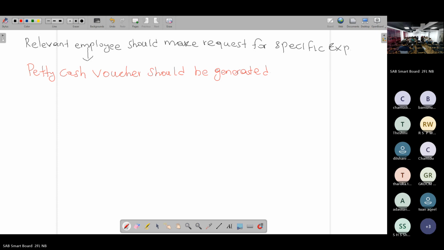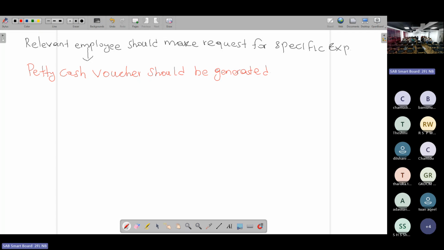Verbally, he can't make the request. That's why I told you each and every transaction, each and every payment or any activity, must be supported by a document. So once he requests any expense, a petty cash voucher must be generated or raised.